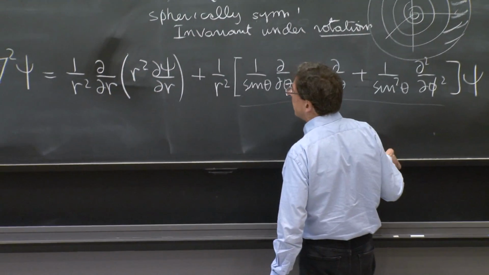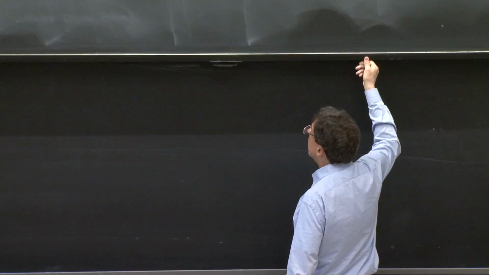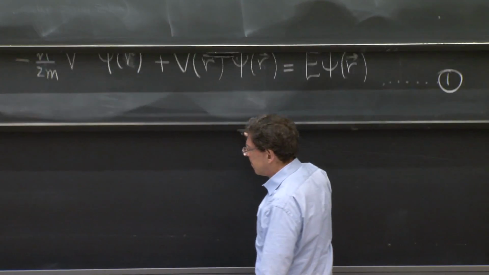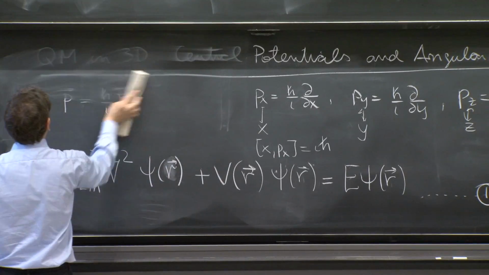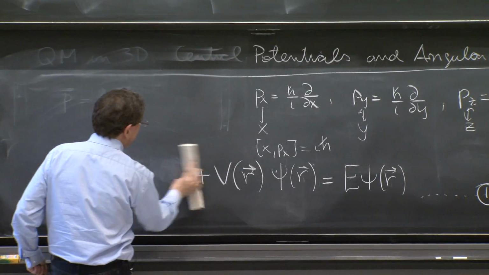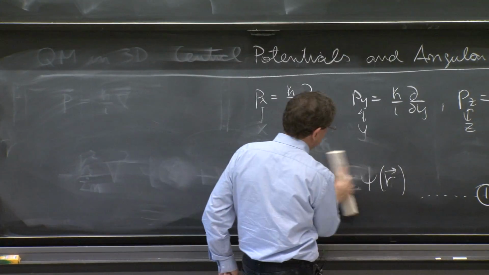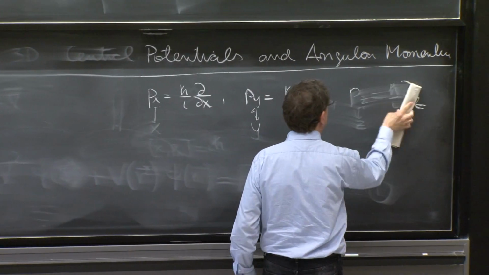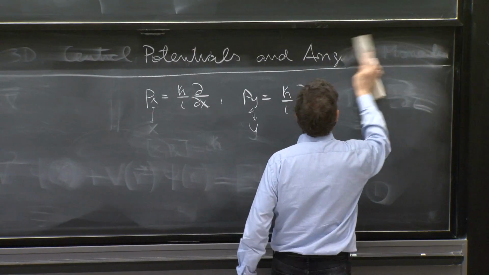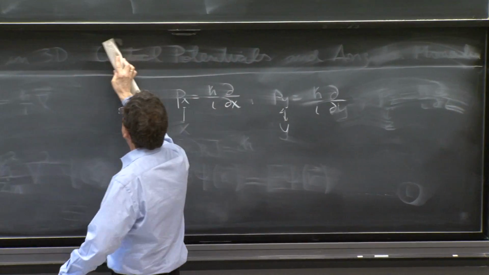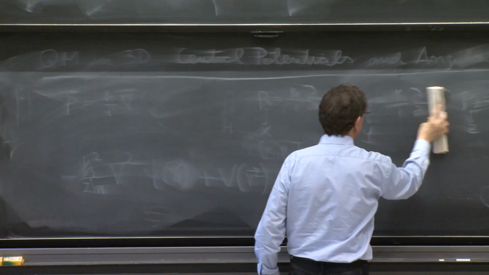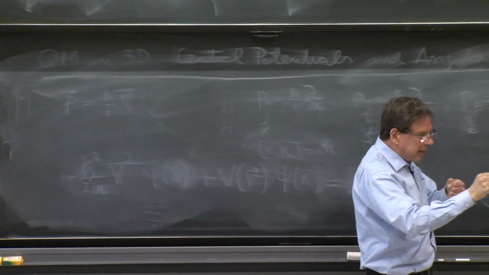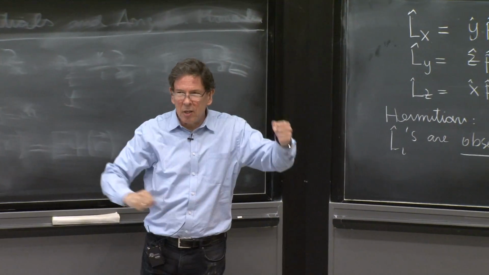And the answer comes from a rather surprising thing. If you think about what could commute with Lx, Ly, Lz, it should be a rotationally invariant thing, because Lx, Ly, and Lz do rotations.